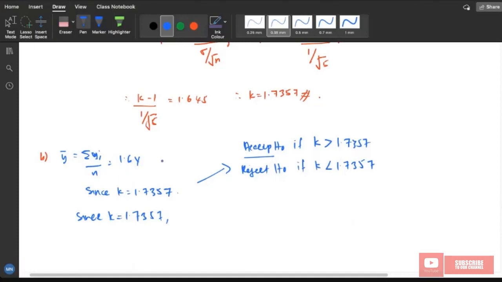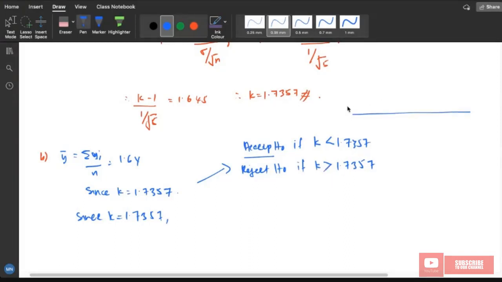Sorry, I think I got it reversed here. We accept null hypothesis when k is less than 1.73, and when k is more than 1.73, we will reject. So that is the shape.